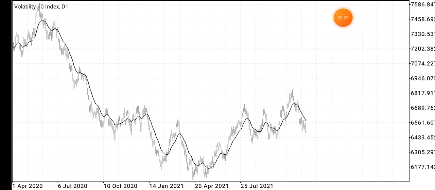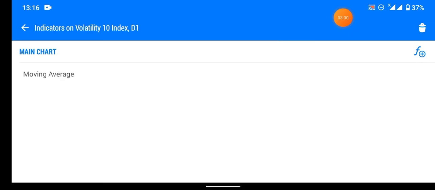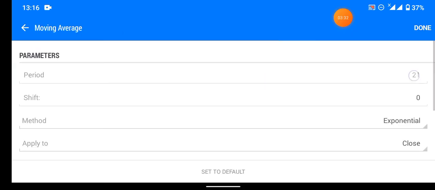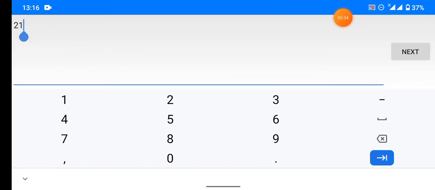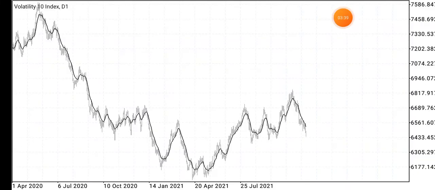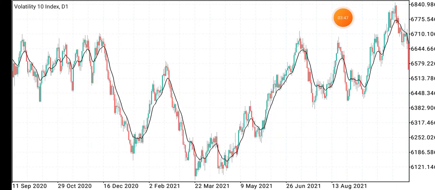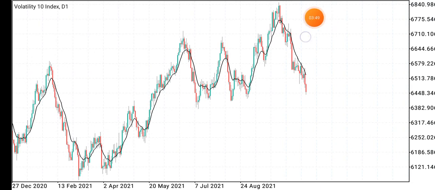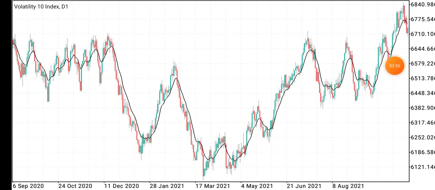So if you're a short-term day trader, I expect you to use the 10 exponential moving average. I've not used this, but I see people using this moving average. I don't know what they use this for, because I'm not a short-term trader. I'm actually either medium or long term trading.